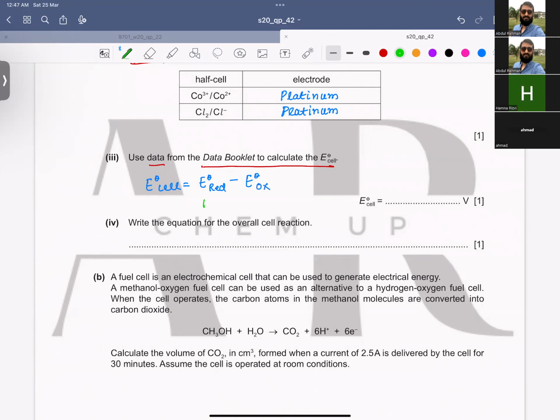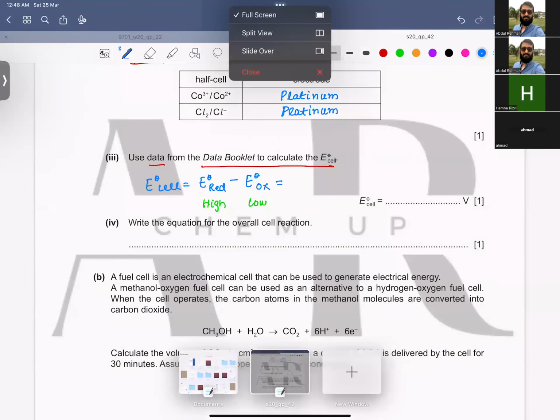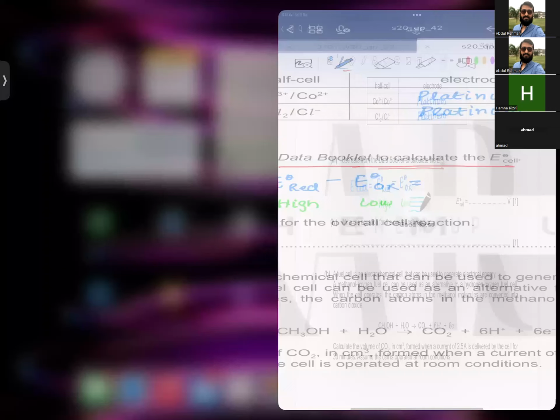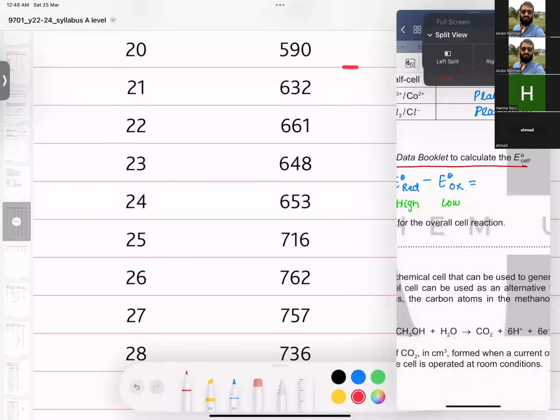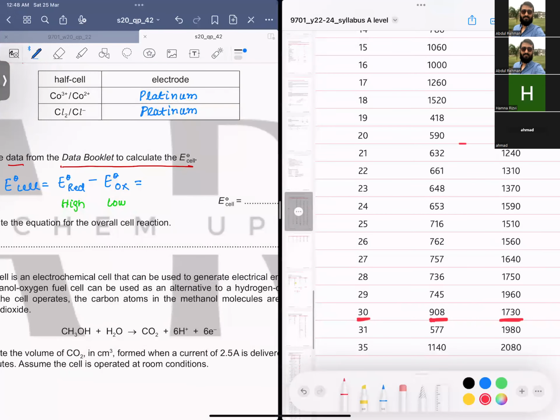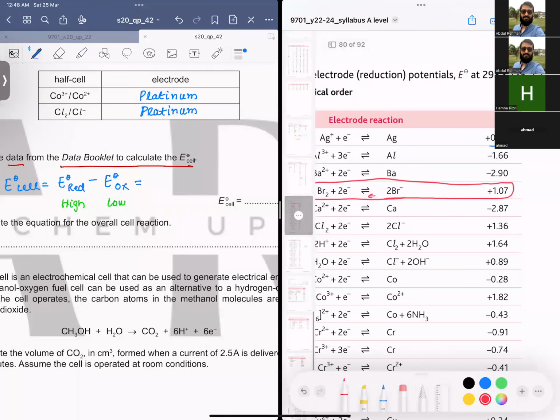Remember, reduction is the one which has a higher value, and the oxidation is the half cell which has a lower value. So let's see. Here you go.